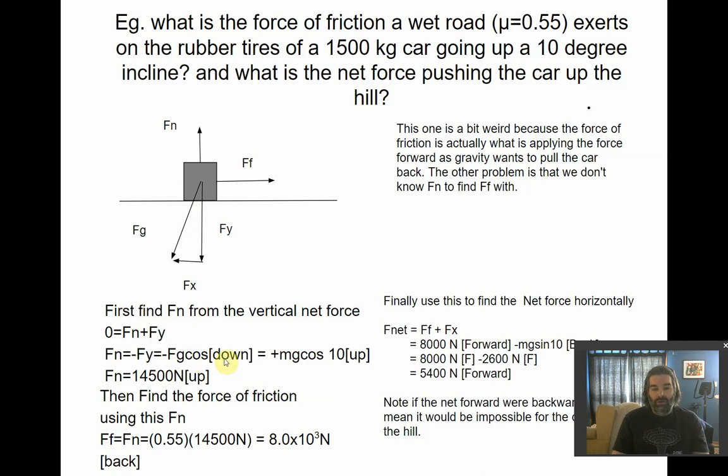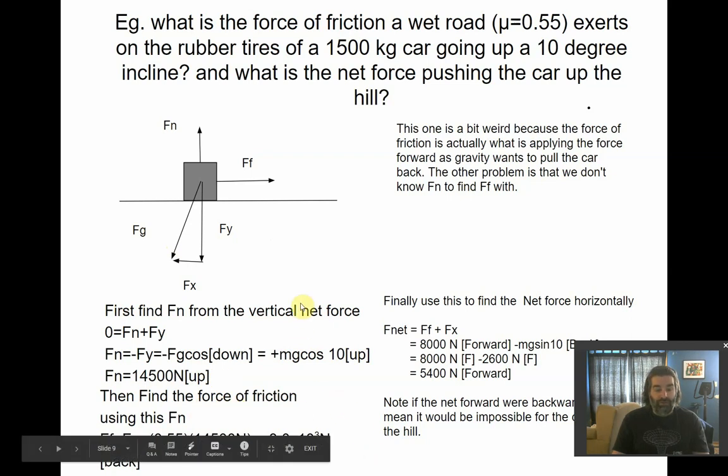The y component is Fg cos theta because it's adjacent in the down direction. So the opposite of that would be mg cos theta, because mg is what your force of gravity is. That's still the same. Cos 10 degrees up. So the normal force is 14,500 newtons up.